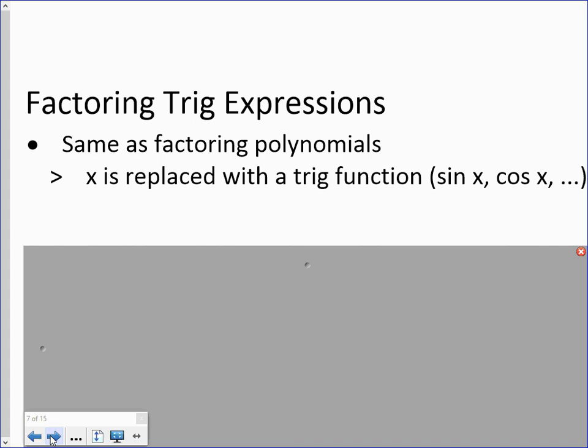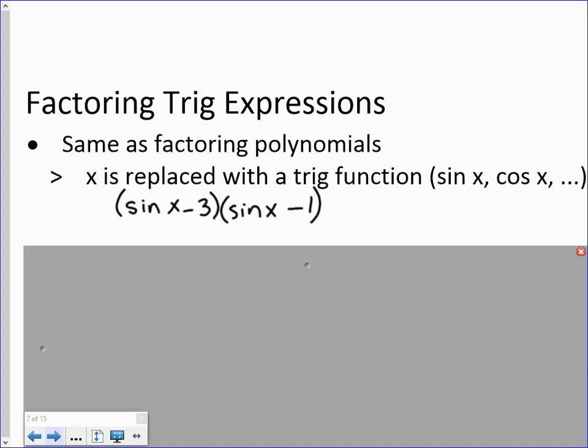I'm just going to show you a quick example where I give you two factors, and then we'll multiply them and see what that looks like in trig form. Let's say that a factor used to look like x minus 3. Let's say we replace x with sine of x. So we'll say the sine of x minus 3 times the sine of x minus 1.